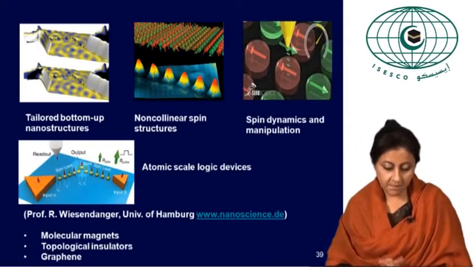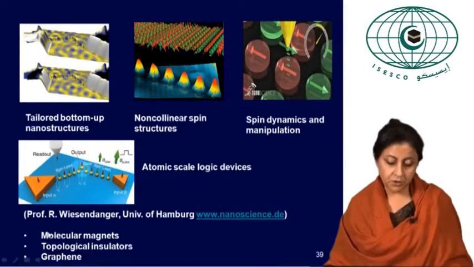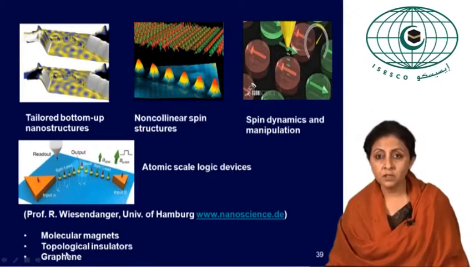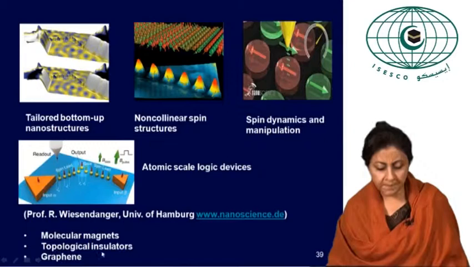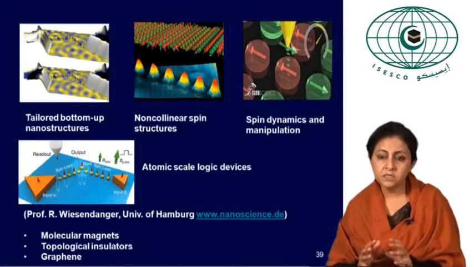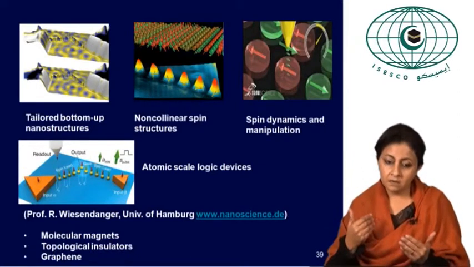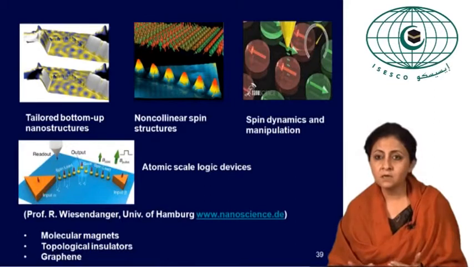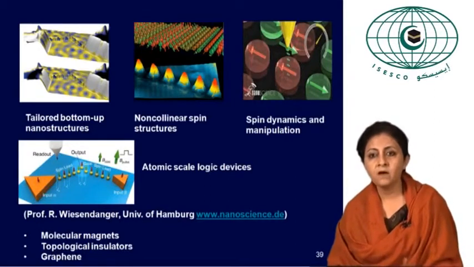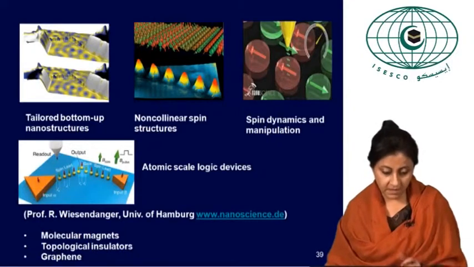These are just some of the very interesting things that are being done in magnetism at the atomic scale. Some things which you might want to look up, which are also very interesting, are molecular magnets, and topological insulators. These are fascinating objects in condensed matter, because the bulk is insulating and the surface is conducting. In fact, it can be made to conduct in a spin polarized manner, so you have different spin channels that can be made to conduct.